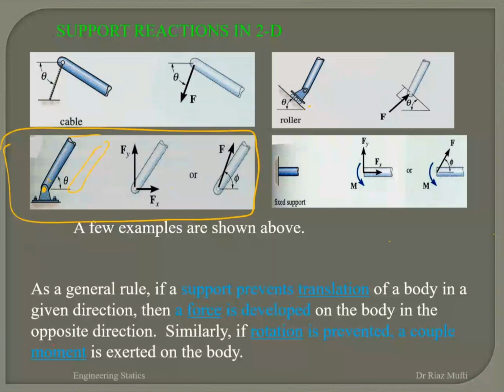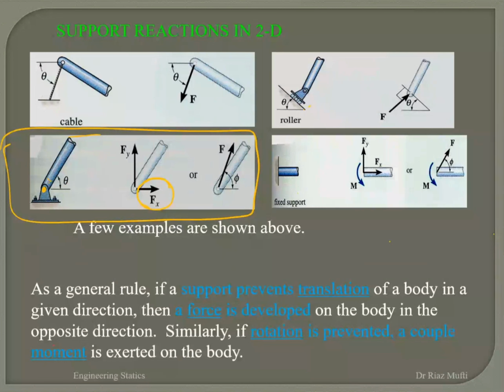Can I do that? No, sir, because it's bolted here. So if I cannot move it in the x direction, it means there is a reactive force. If I try to move, there'll be a reaction.